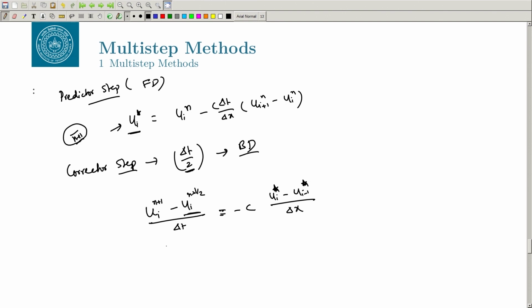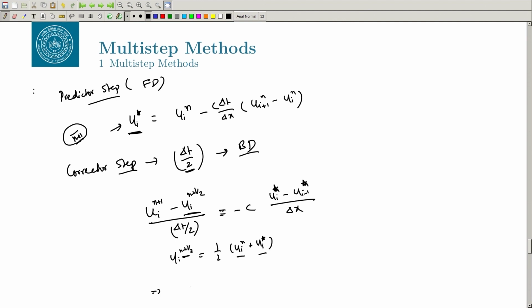And how do you get this u_i^{n+half}? u_i^{n+half} will become half of u_i^n plus u_i star. You have calculated this u_i star, which is like n plus half bar. We want to get the value at n plus half, so this is delta t by 2. So this is u_i plus u_i star.